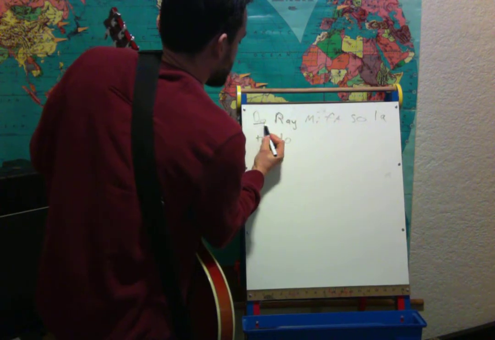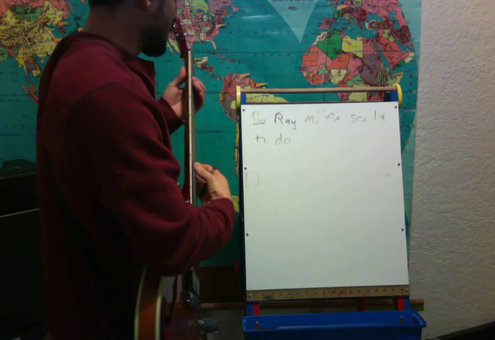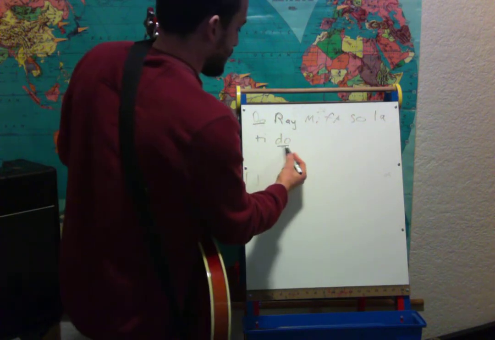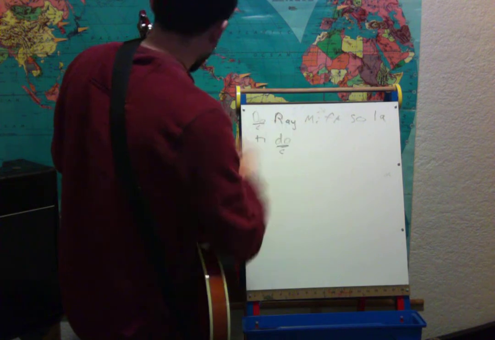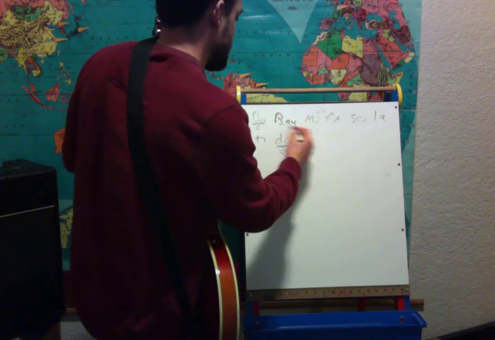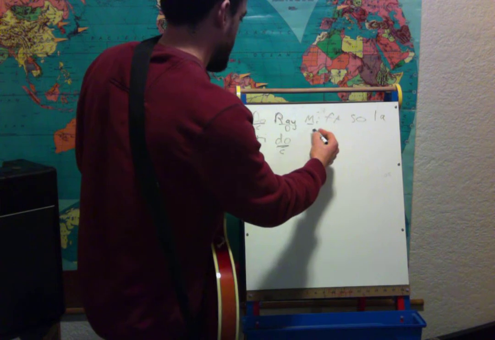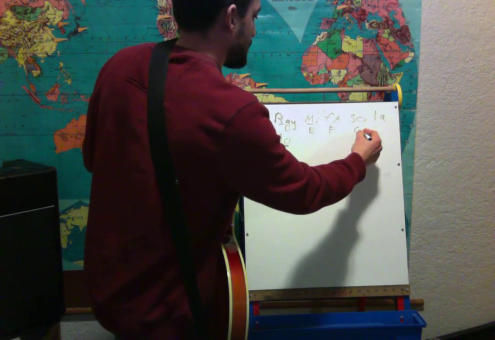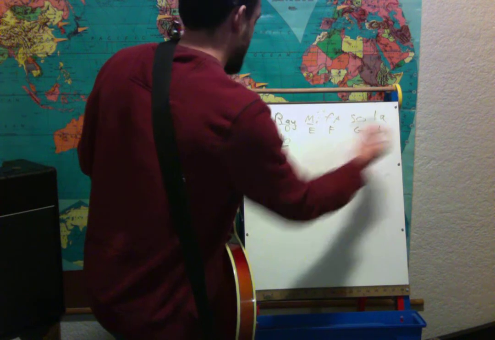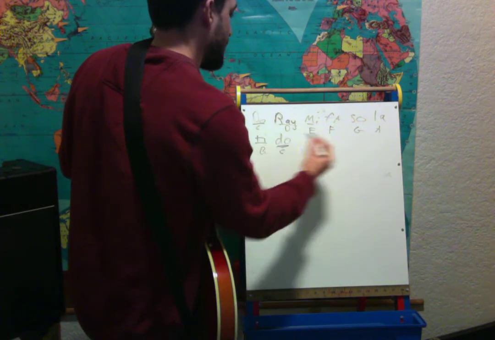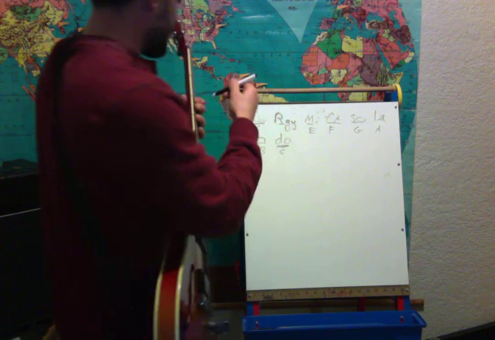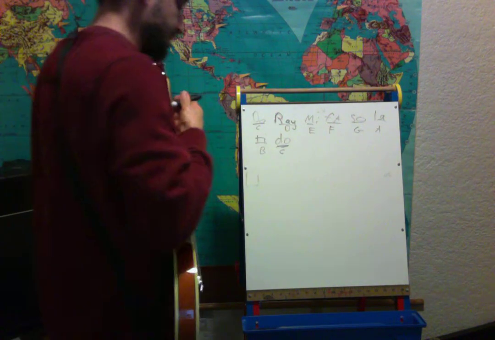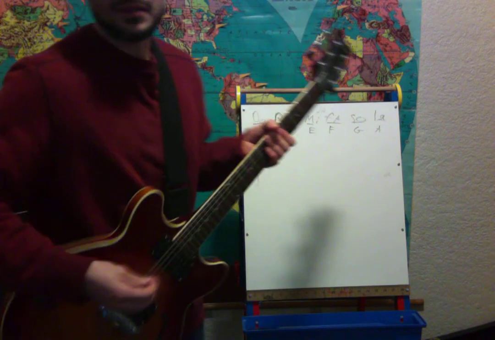That is C. So the do's are C's, and then it's D, E, F, G, A, B. Okay? I mean, super simple. C, D, E, F, G, A, B, C. All the natural notes.